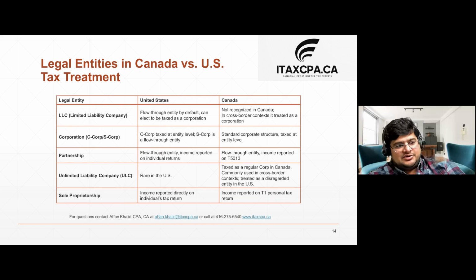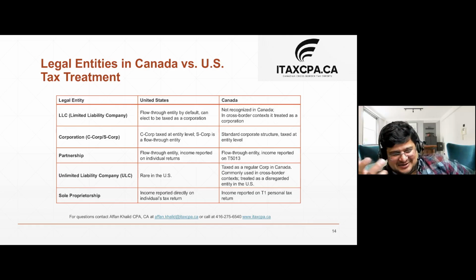And that's exactly what the C corporation and S corporation are. Even though the S corporation is a flow through entity in the US, which is extra confusing, from a Canadian perspective an S corporation is a corporation for Canadian purposes. So we don't get confused with the flow through factor, but we do get confused with the LLC.